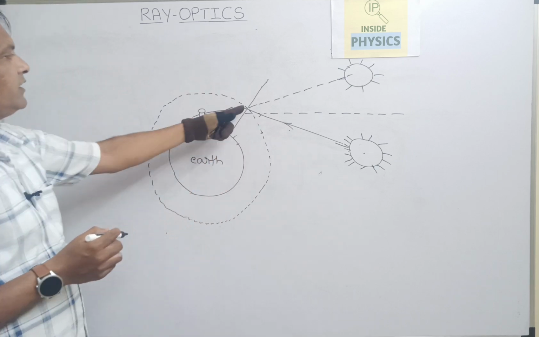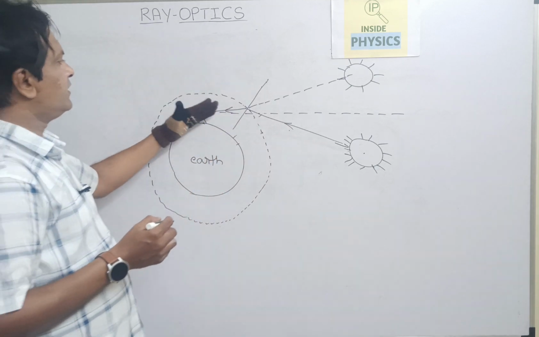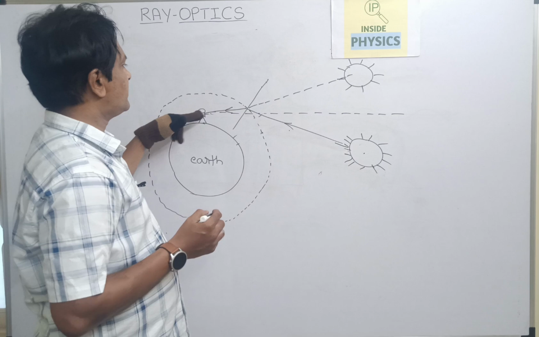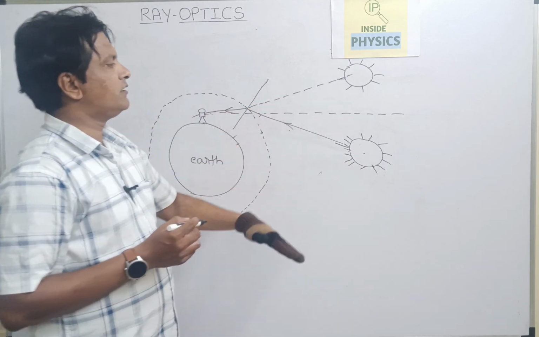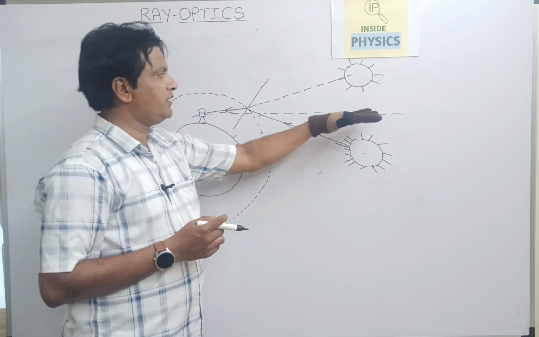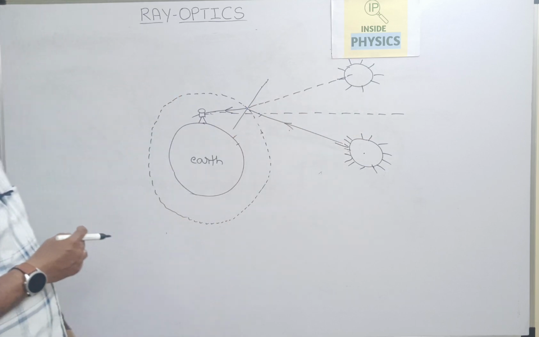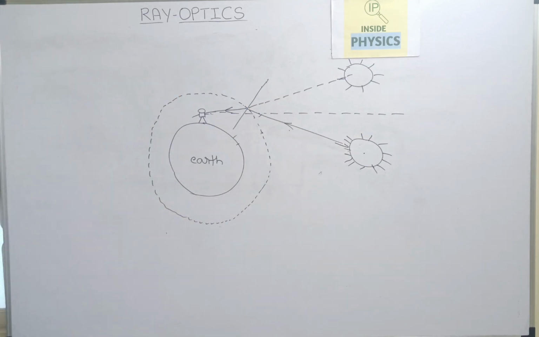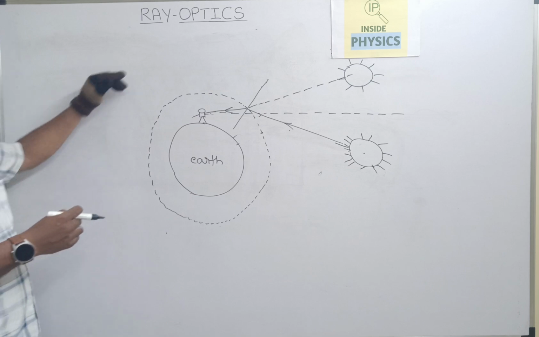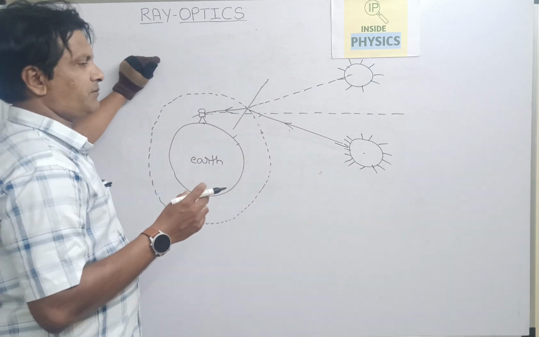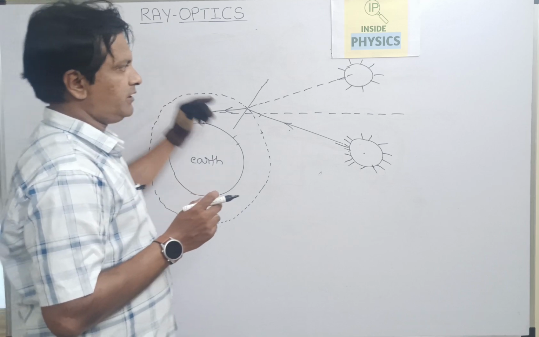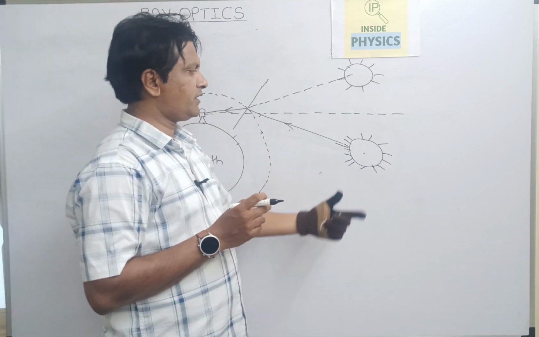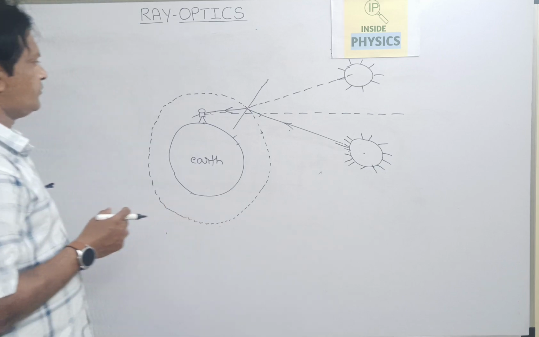If you observe, the refracted ray is observed by this observer, and the sun appears to be above the horizon, even though it has not actually crossed the horizon. So we observe the sunrise a little bit before the actual time. The time lapse between the observed sunrise and the actual sunrise is 2 minutes.